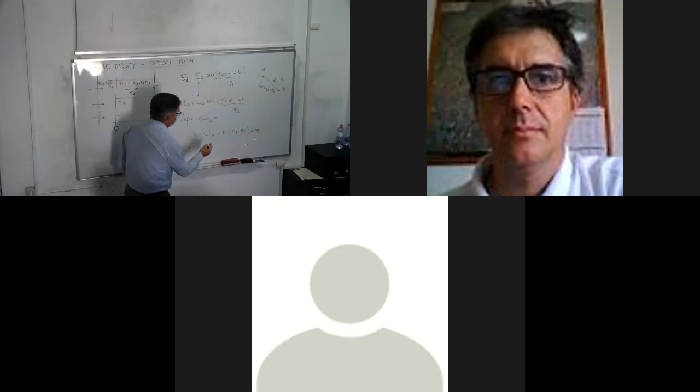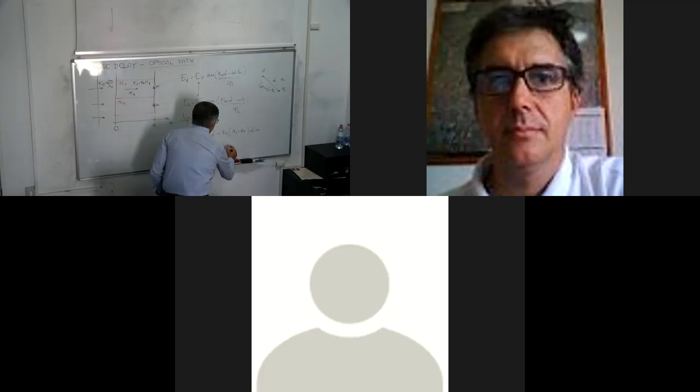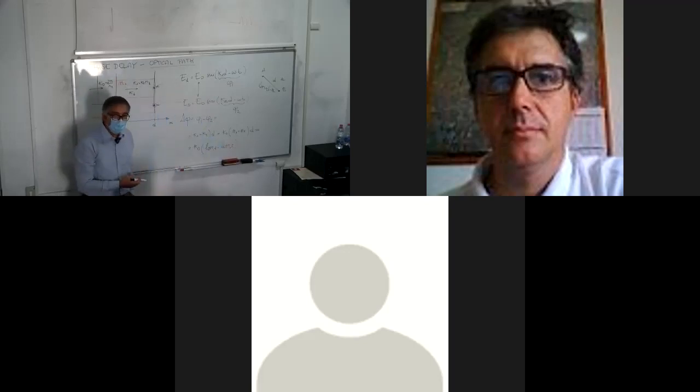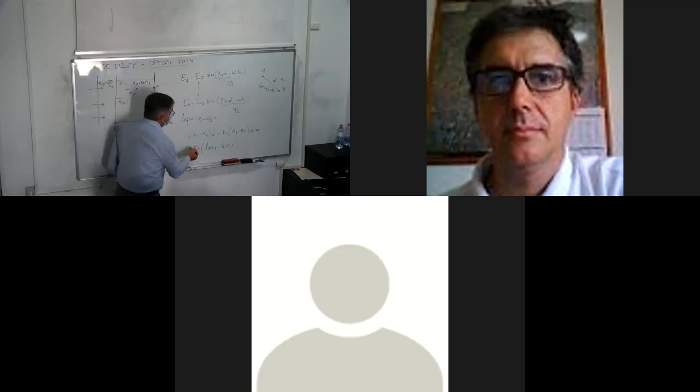If I do this, this can be written like K naught times L optical 1 minus L optical 2. What is the meaning of this expression? The meaning is that it is as if I am propagating in vacuum with K naught, but with a distance that is not the geometrical distance, but is the so-called optical path.